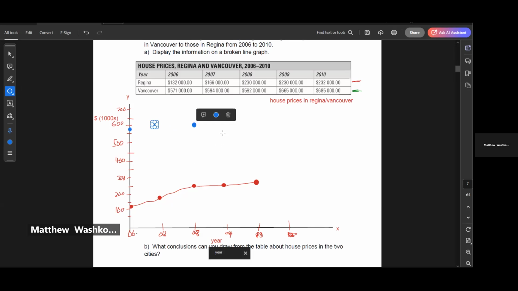In 2009, it's 665, so it's gone up a little bit. Ignore my mouse click there. Put it there. And then in 2010, it went all the way up to $685,000. So about right here.